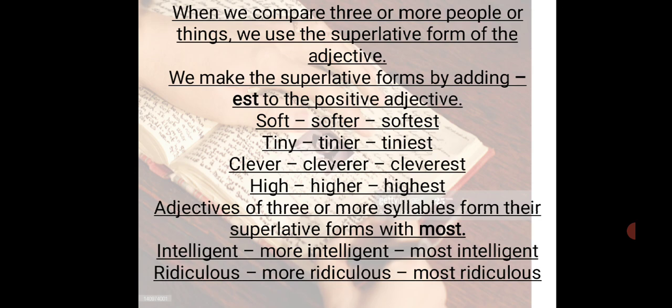Secondly, we make the superlative form by adding est. That means we will add est at the end of the original word and we can make it the superlative degree of the adjective. Suppose the core word is soft, the comparative degree of soft is softer and the superlative of soft is softest. Tiny, tinier, tiniest.